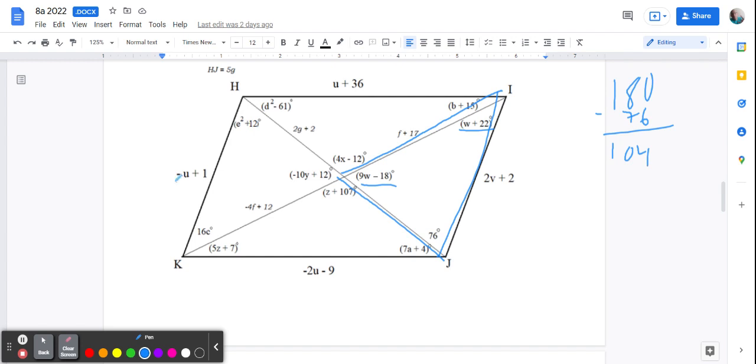So the 9w minus 18 plus w plus 22 is equal to 104. That'll get us our w.